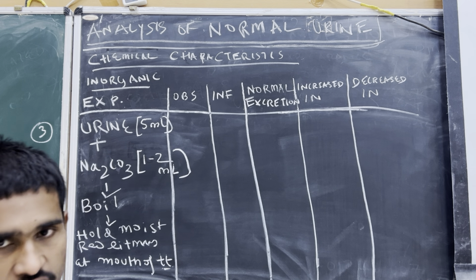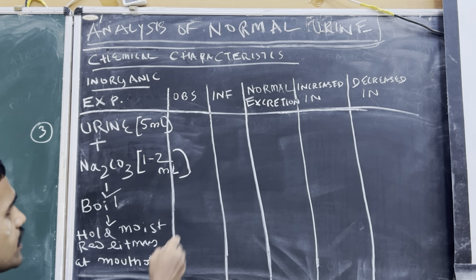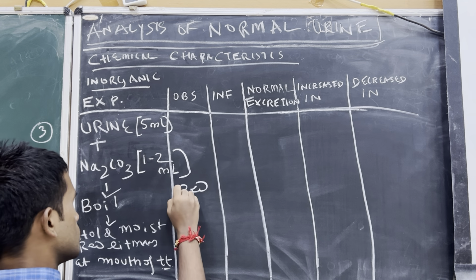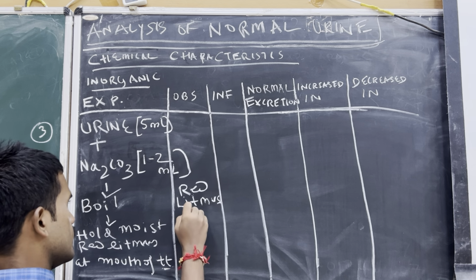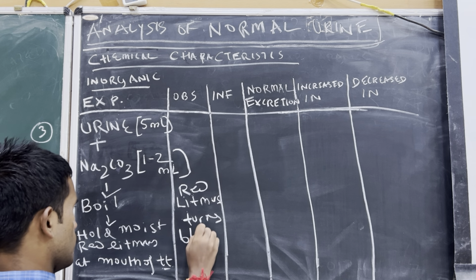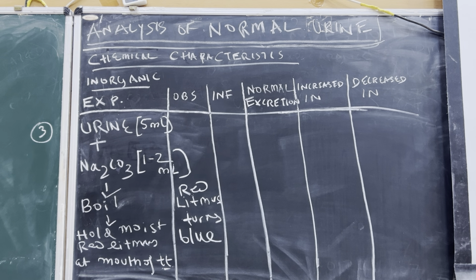So what is the observation? This red litmus paper which you are putting, the red paper will turn blue. Red litmus turns blue. So why is this happening?